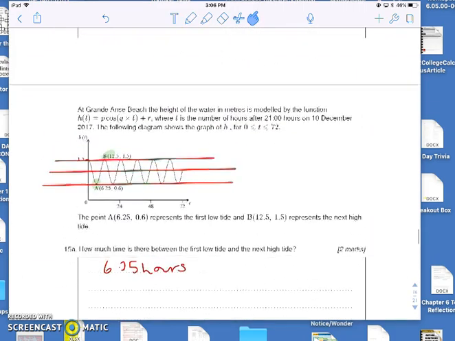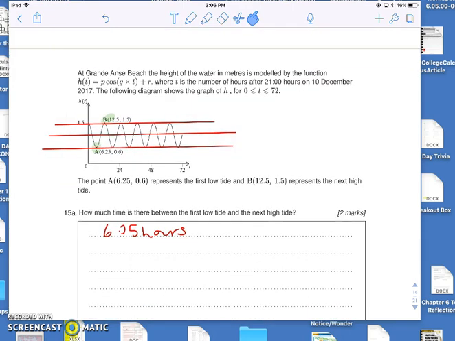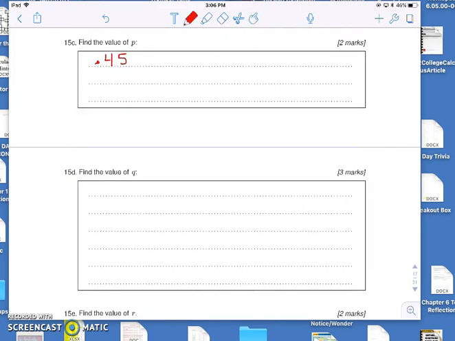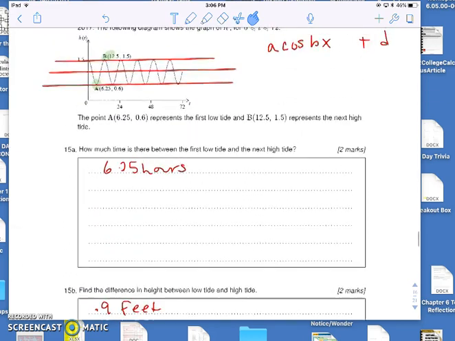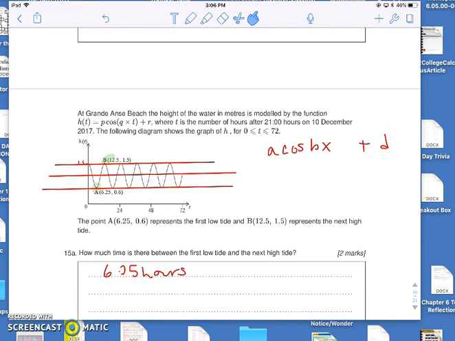Find the value of Q. So that's like we usually would say this is A, the cosine of B, X, plus D. So that's our period. So 2 pi divided by Q equals our period. So I wonder if we can figure out what's our period. Well, how long does it take to get a full cycle?